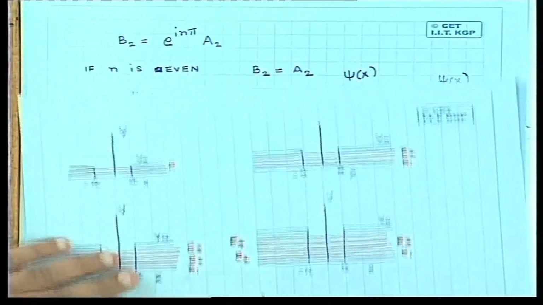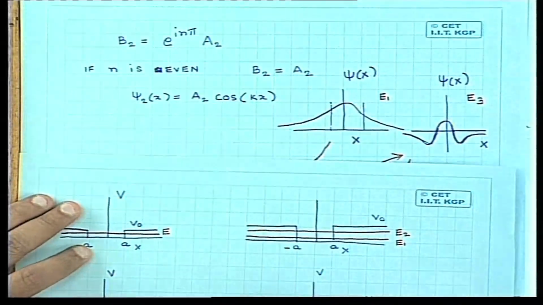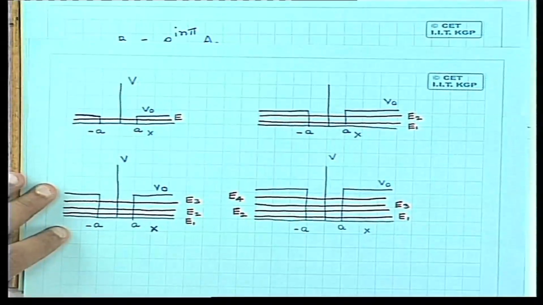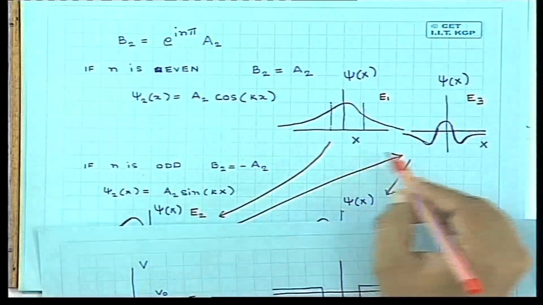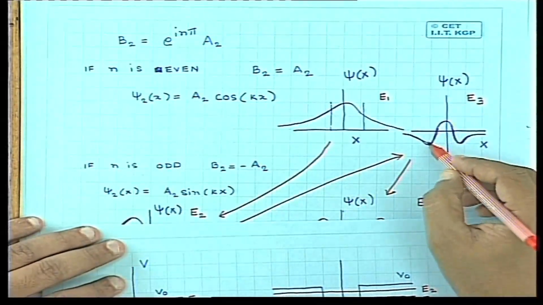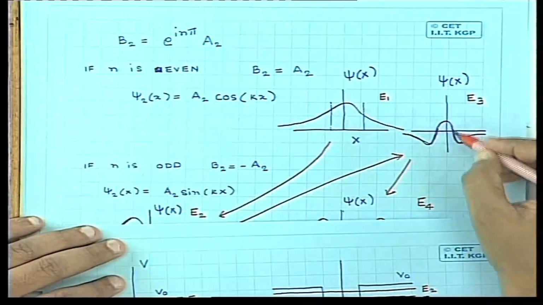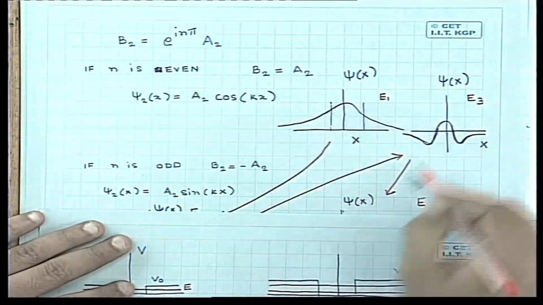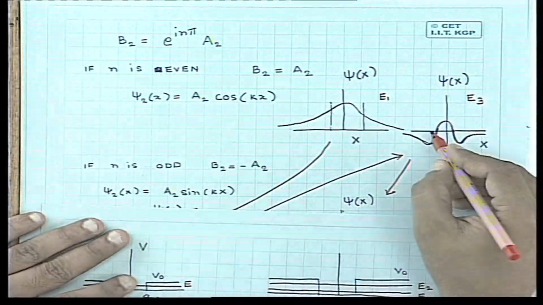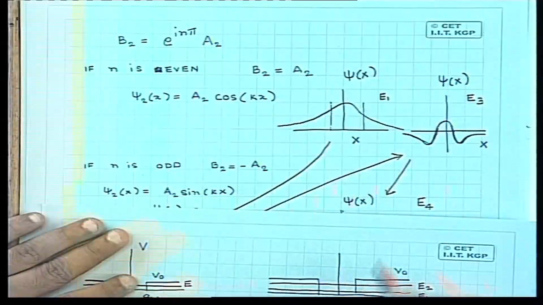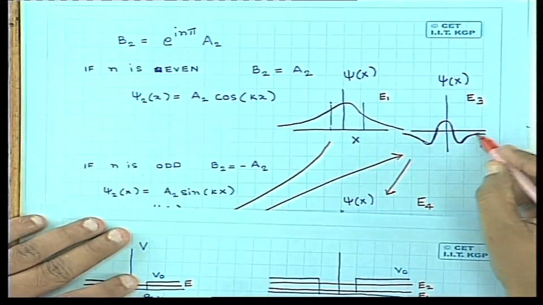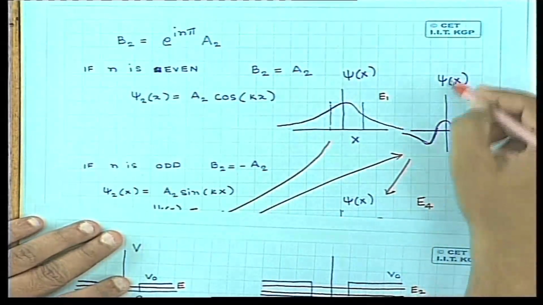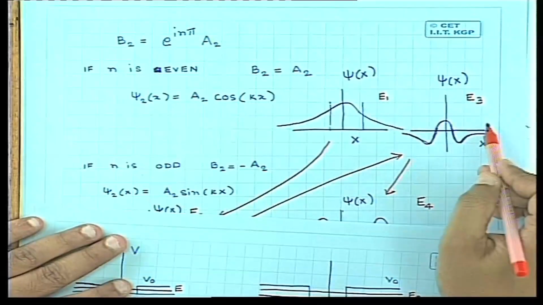The next even solution is again cos kx, but the value of k will be larger because the energy E3 is larger, and the cos kx will undergo this kind of oscillation, 2 cycles. Here it has just one part of a cycle, so here it will have more of the cycle. It will cross 0 2 times, and then you have to match the boundary conditions again at minus a and plus a. So higher and higher values of energy will have higher and higher numbers of oscillations in the range minus a to plus a.